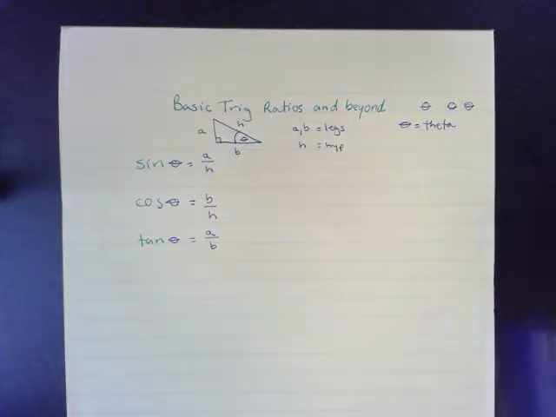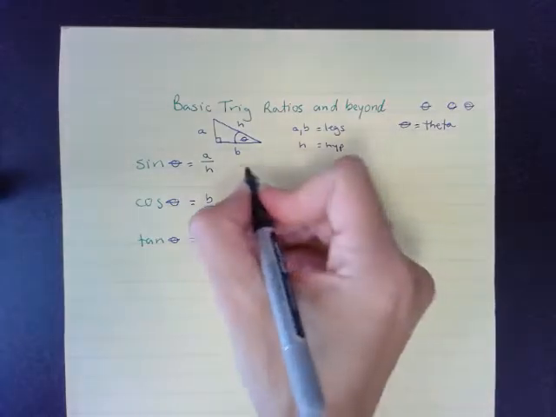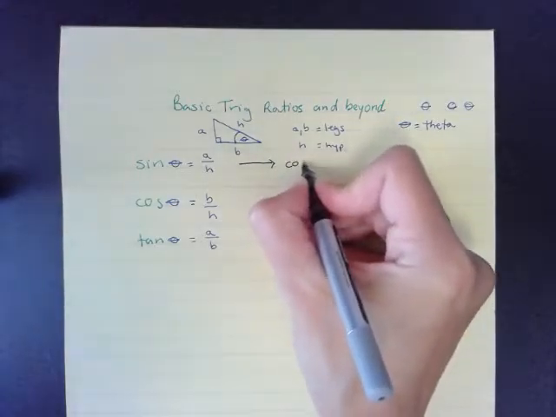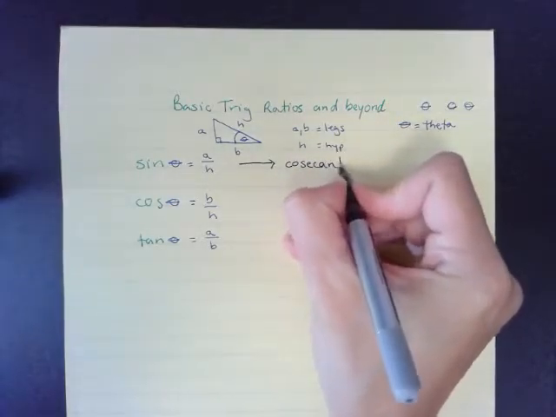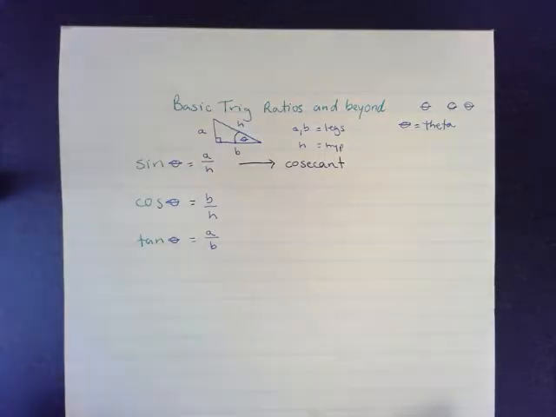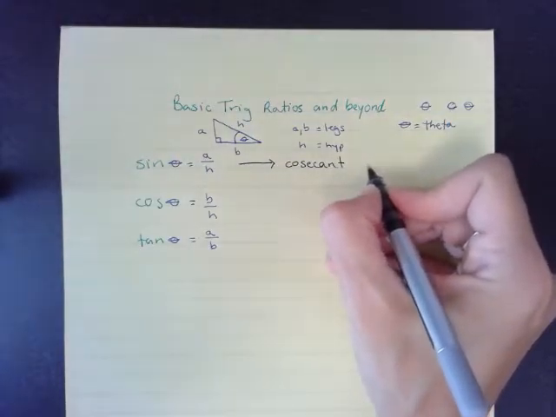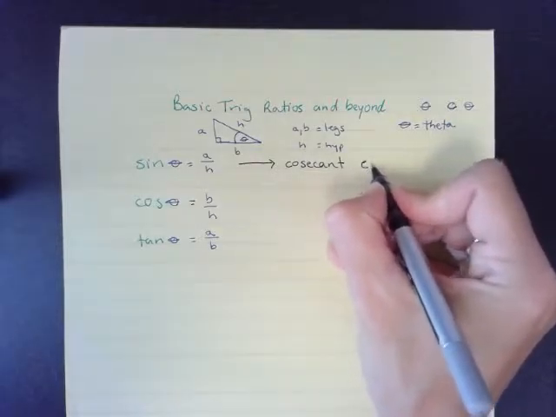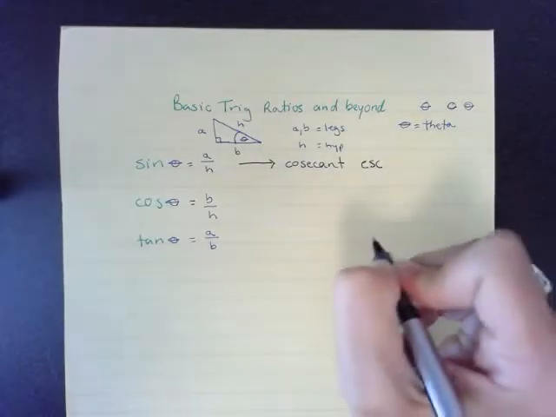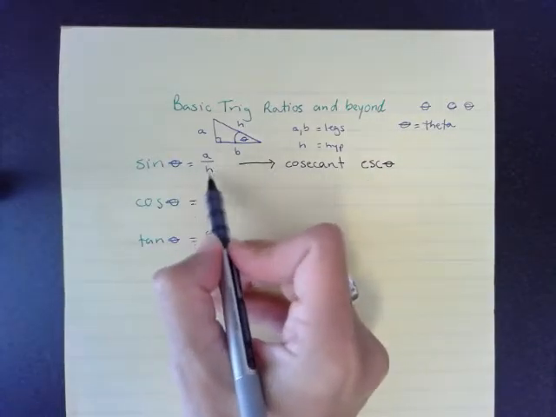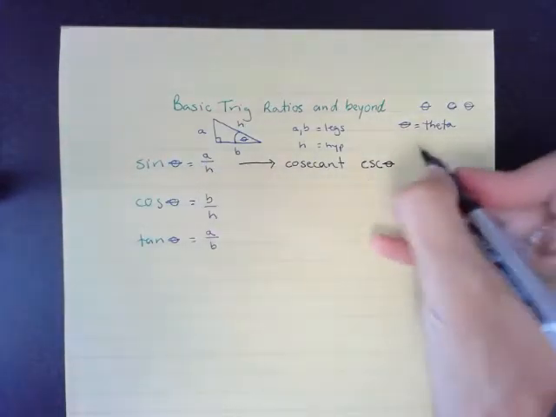So the reciprocal of the sine ratio is called the cosecant ratio. And it's simply the reciprocal. And so we label cosecant, because we always want to do it with 3 letters because it's easier, as CSC. So the cosecant of theta is simply the reciprocal of the sine ratio.